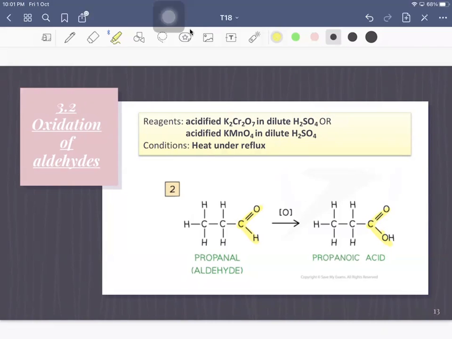Okay, so you go from a propanal to a propanoic acid. And this propanal must have come from a primary alcohol as well. It's impossible to get an aldehyde from a secondary alcohol. Okay, if you don't remember this, revisit topic 16 regarding the oxidation of alcohols. Okay, this is just a recap.